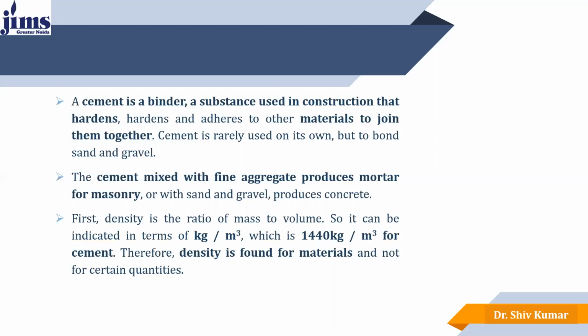Cement mixed with fine aggregates produces mortar for masonry, or with sand and gravel produces concrete. Density is the ratio of mass to volume, so it can be indicated in kilogram per cubic meter, which is near about 1440 kilogram per meter cube for cement. Therefore, density is found for a material and not for certain quantities.